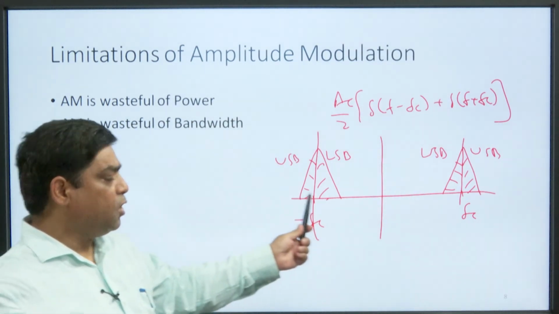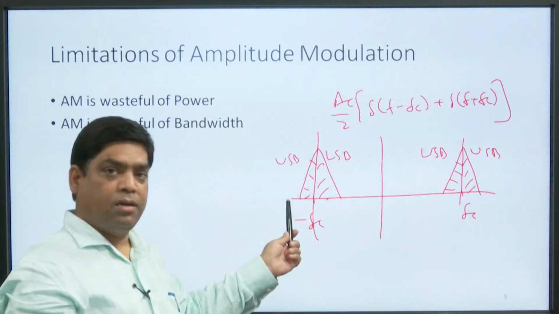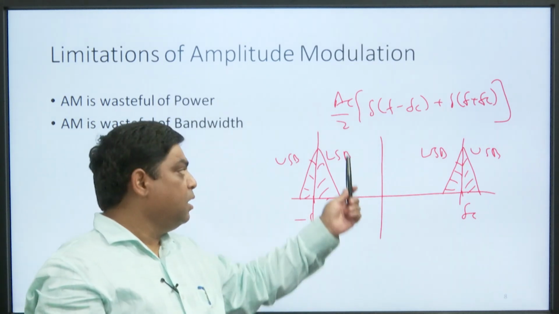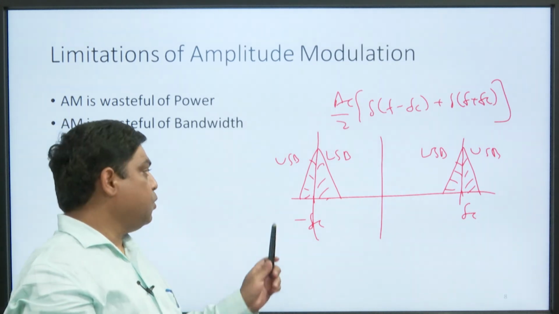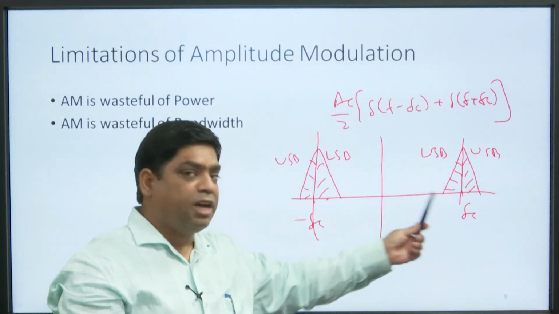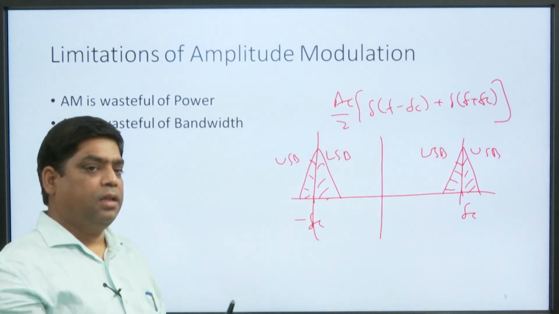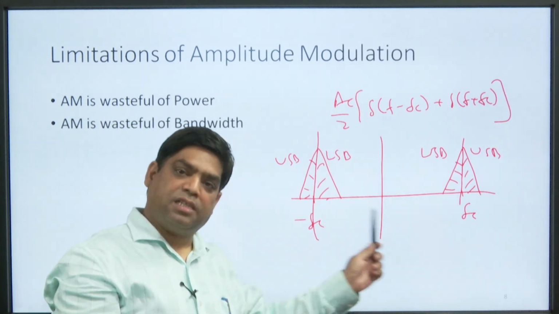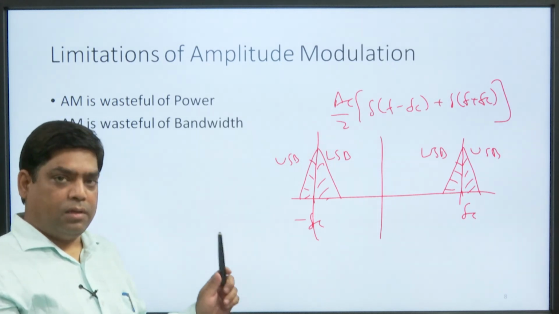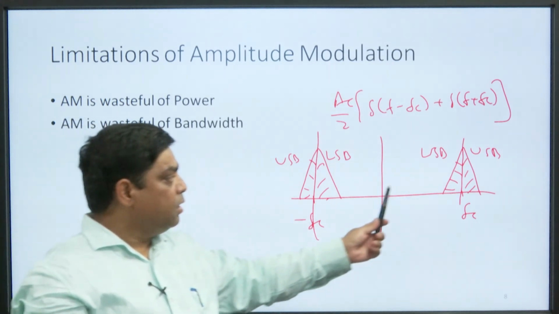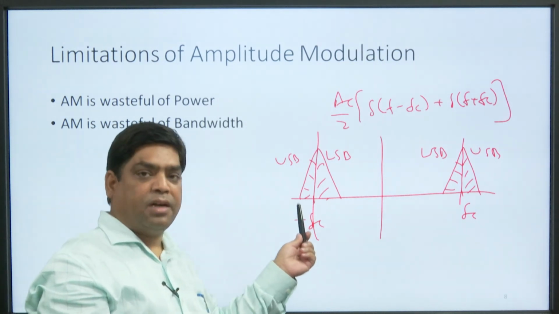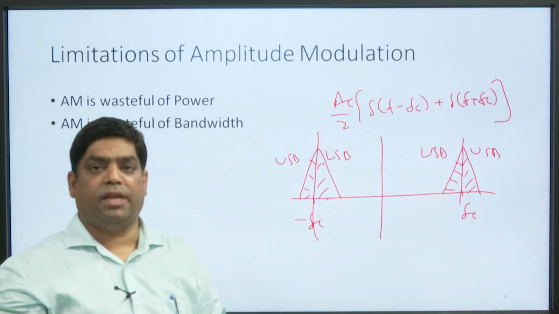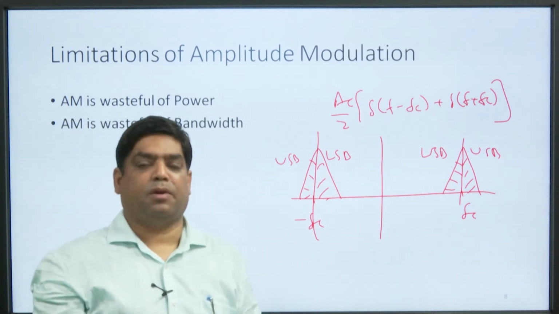In that case, if you are transmitting both sidebands, it will be the case of double sideband modulation, or if you are transmitting either one sideband, it will be the case of single sideband modulation. The third case is when you are transmitting one sideband and a vestige of some part of the other sideband also, that will become vestigial sideband modulation, VSB.